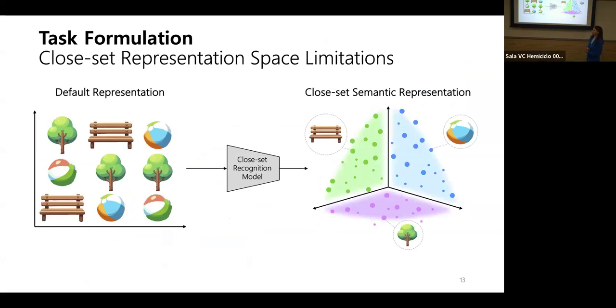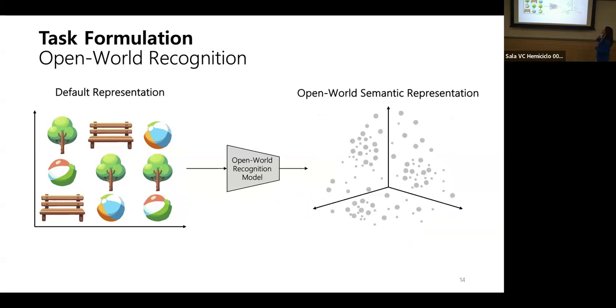If we go back and recap the limitations that we have in the closed set representation space that we were learning: if we try to recognize a novel object, these models will probably misclassify it as one of the known categories that we have. There have also been other approaches that try to design a representation space that is more flexible.